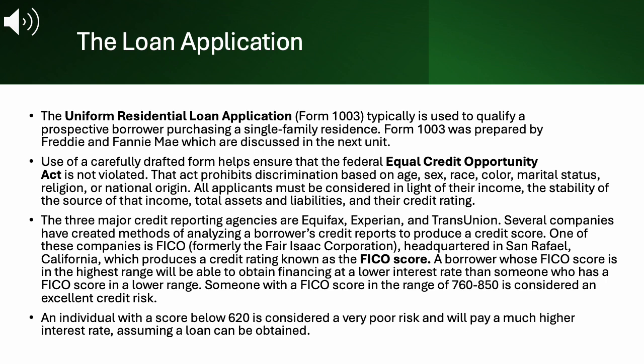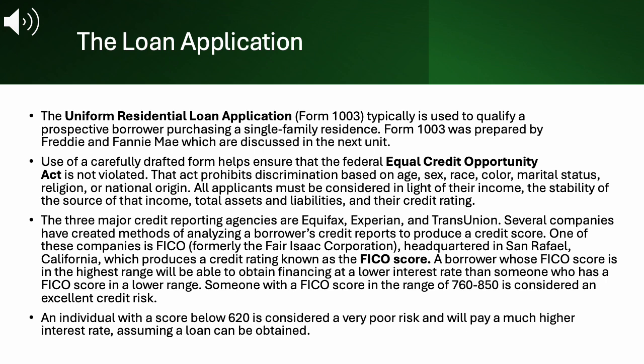The three major credit reporting agencies are Equifax, Experian, and TransUnion. Several companies have created methods of analyzing a borrower's credit reports to produce a credit score. One of these companies is FICO, formerly the Fair Isaac Corporation, headquartered in San Rafael, California, which produces a credit rating known as the FICO score.